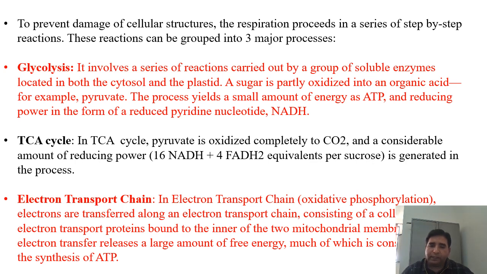And we will see in the next step, the electron transport chain, where this reducing power is used for making the currency of energy, that is ATP.